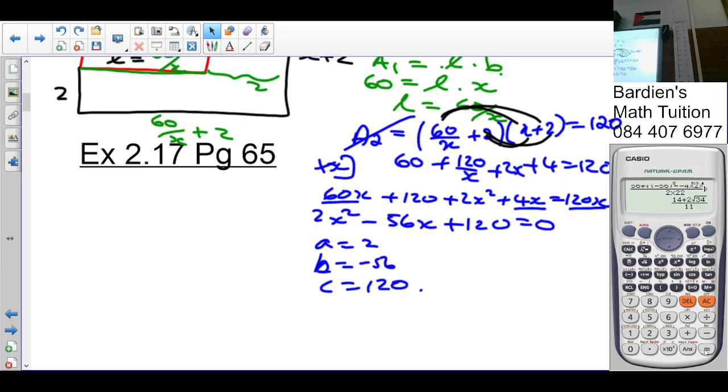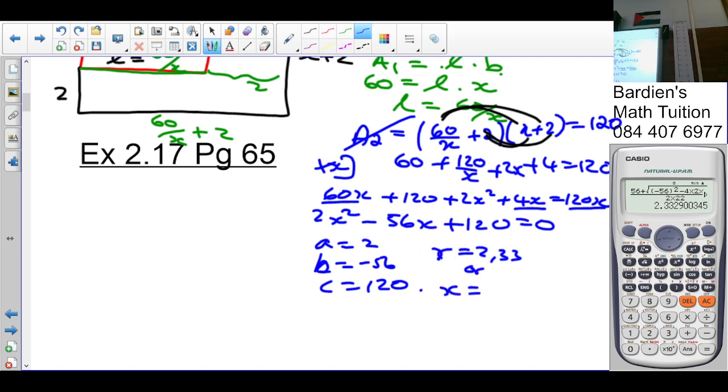Okay, that gives me 2.33. So x is equal to 2.33, or x is equal to, of course you replace that with a negative, it's going to give you 0.12.